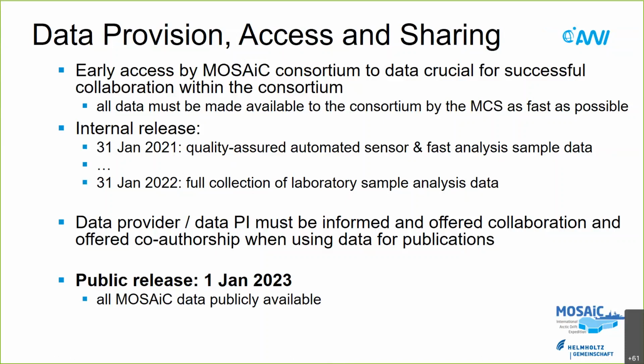The important thing from today's data publication point of view is the date 1st of January 2023, when all MOSAiC data should be publicly available. Ideally, that means they should be published with data repositories. This is something one needs to keep in mind, and it will be surprisingly soon when this happens.